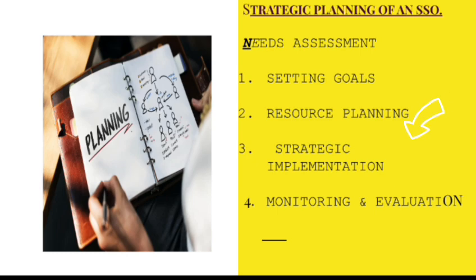If we speak about key elements of strategic planning in a social service organization, number one, needs assessment, like identifying social problems in the community. Number two, setting goals and objectives, short term and long term targets. Number three, resource planning, like funding, staff, volunteers, and partnership.